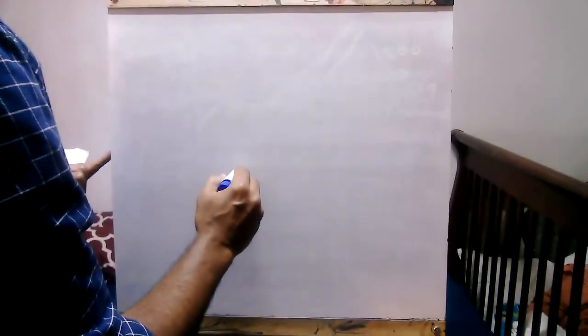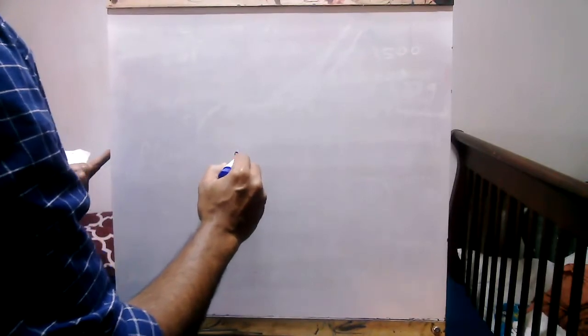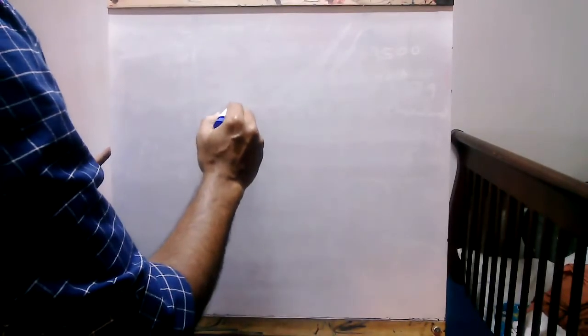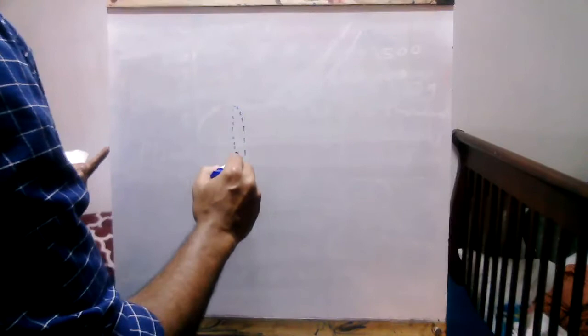Say the distance of an object. It could move in any direction. For instance, let's think of something like this. We throw an object upwards. It goes up, comes down, right?